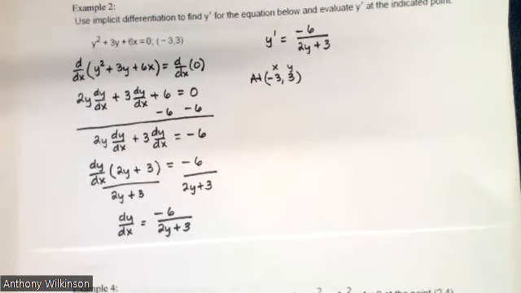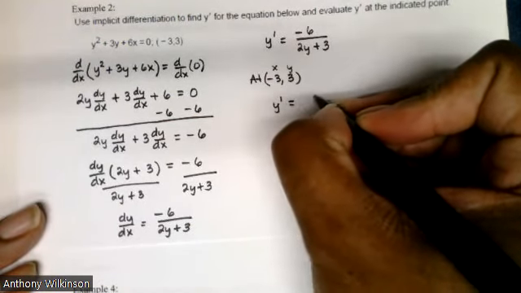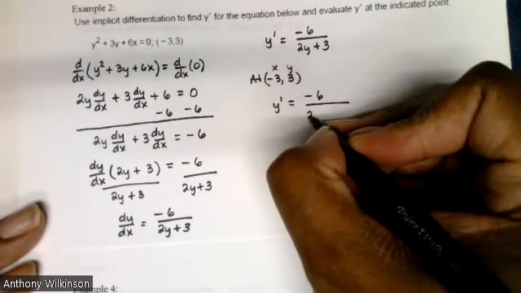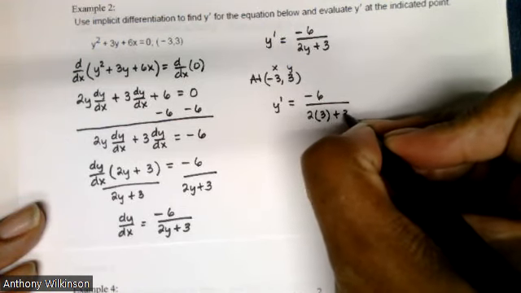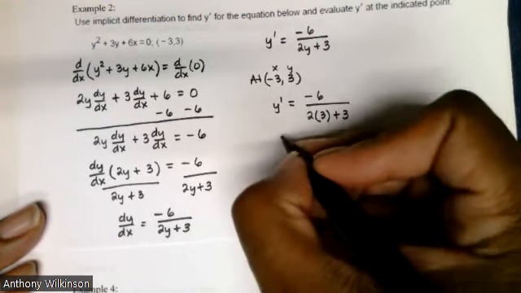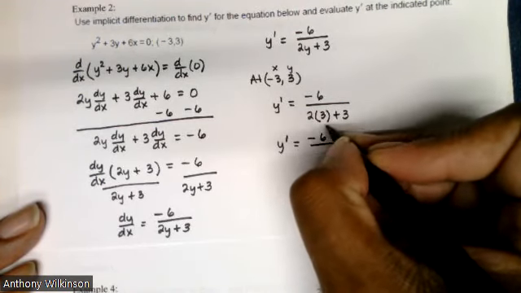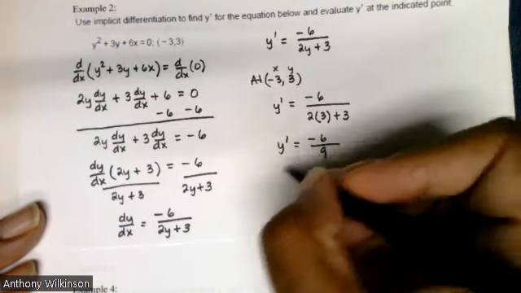Substitute in that equation. So here, y prime then would be equal to -6 over 2 times your y, which is 3, so it'll be 2 times 3 plus 3. So here, y prime would be -6 over 2 times 3 is 6 plus 3 would be 9.